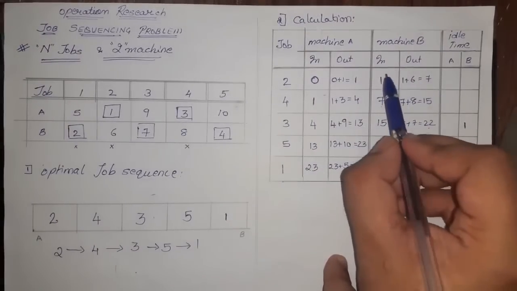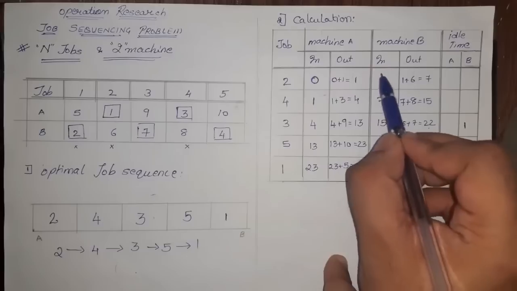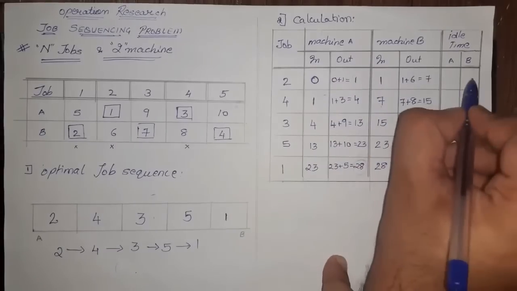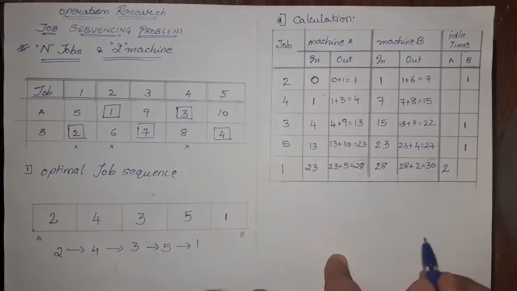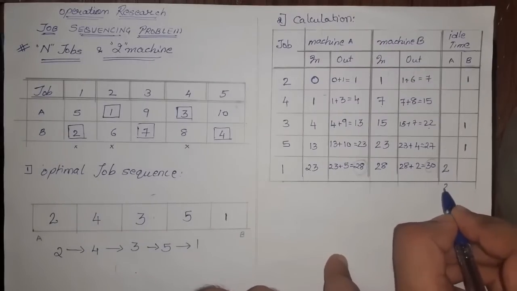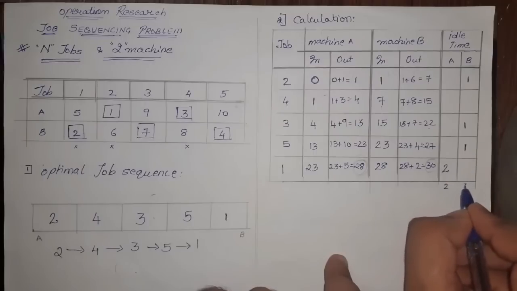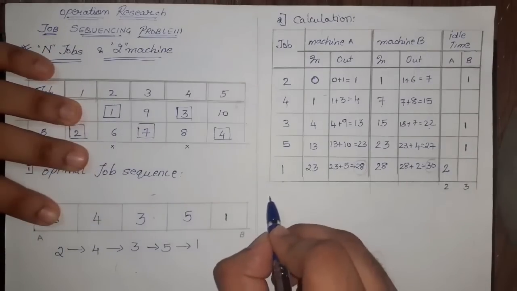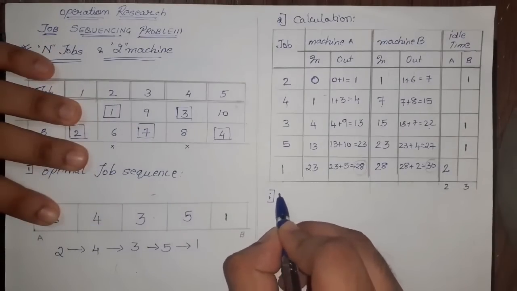Now machine B started after 1 hour. The in time was after 1 hour, meaning from 0 to 1 it had to wait, so another idle time appears here. So in total A had an idle time of 2 hours, whereas B had an idle time of 3 hours. Okay, so to conclude this, number 1, we need to first find the idle time.